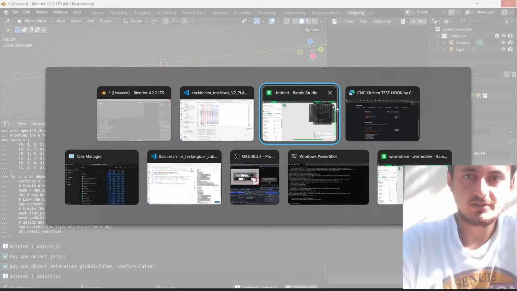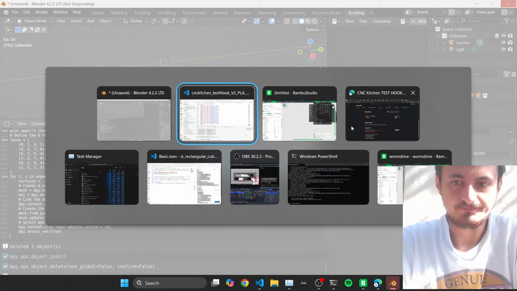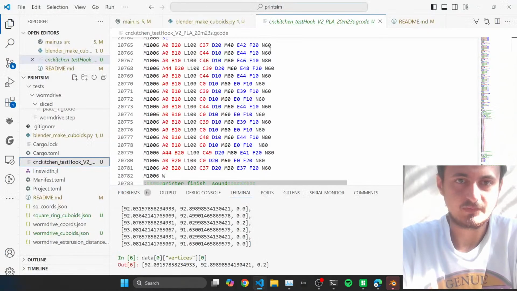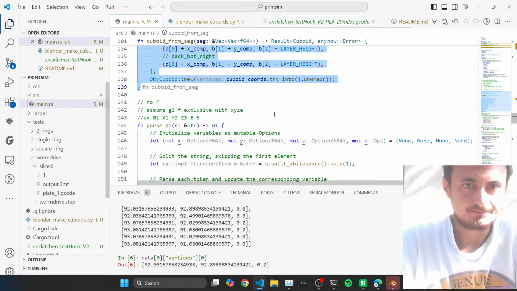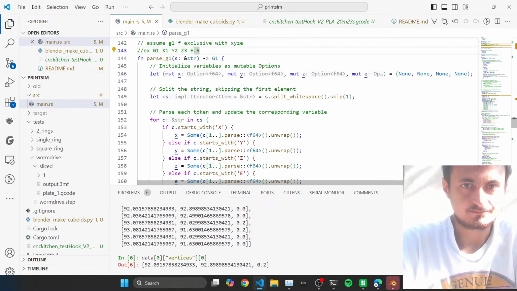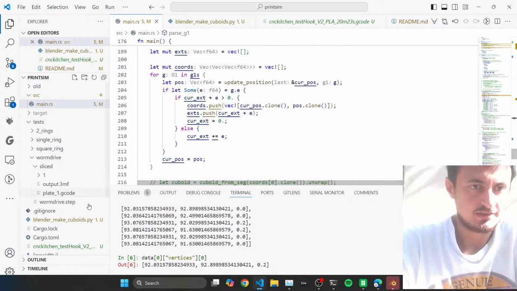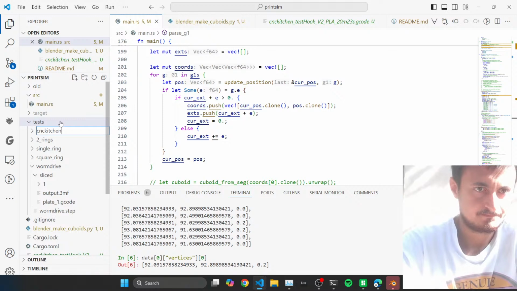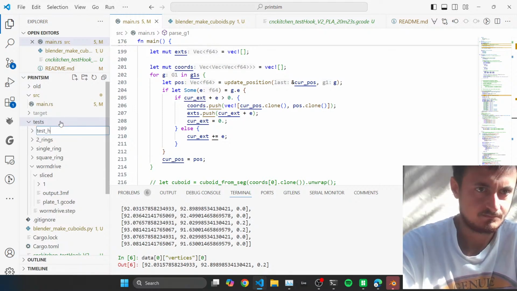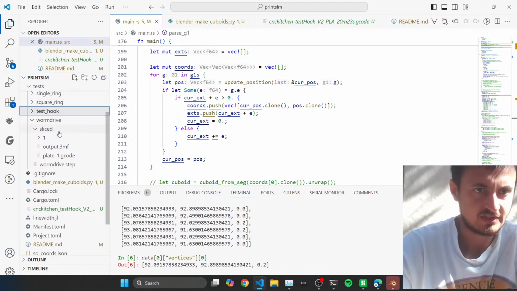So we're gonna kill that, and we're gonna go to here. And we're just gonna move test hook into there.